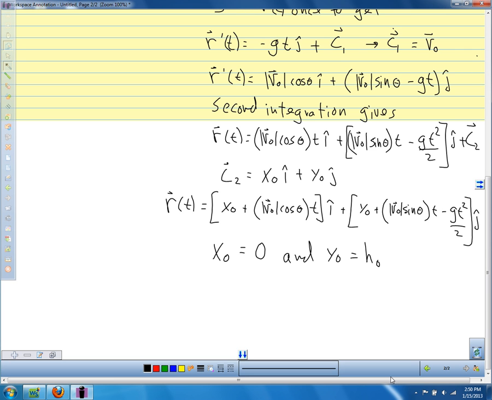If you set your x0 at 0, just remember if your initial position isn't at x equals 0, you're shifting your entire function over by that particular amount. So this is our classic expression for projectile motion near the surface of the Earth, with the assumptions that the surface of the Earth is flat, and that gravity is the only force acting on our projectile.